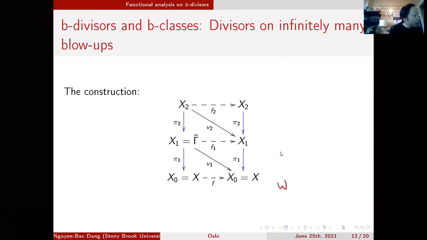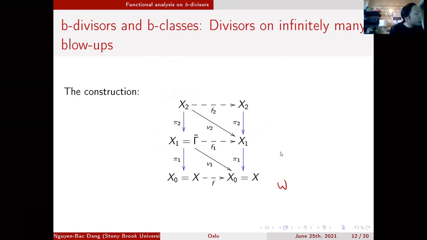You look at the induced map by F on X1. This is the map that I denoted F1. So you start with your divisor here, you pull it back, you get a divisor here. Now, if you want to pull it back again, then you pull it back by resolving the map F1, taking the desingularization of the graph of F1, and you get a birational model X2, and two maps onto X1.